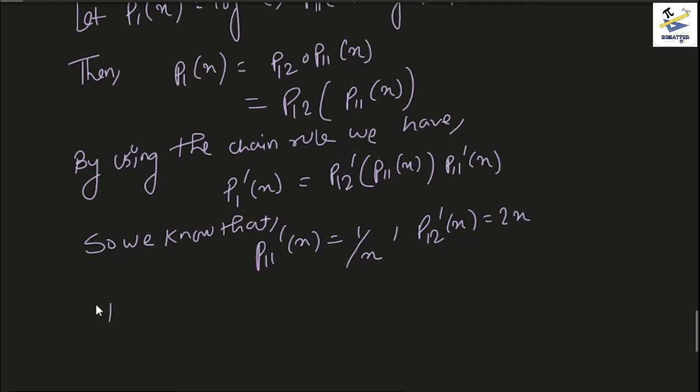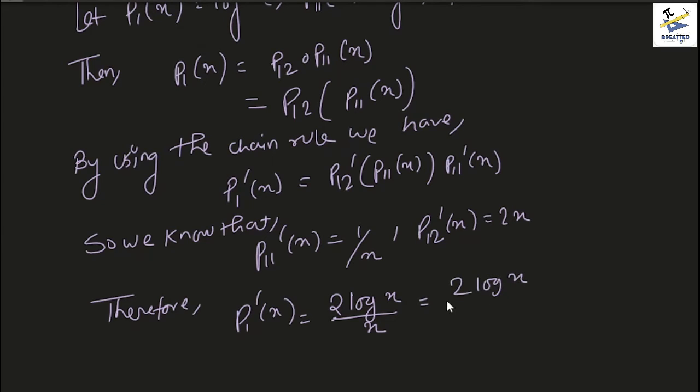So therefore p1 prime x would be equal to, it won't be 2 times 1 by x, because p11(x) is just log x, so 2 times log x, and p11 prime x is just 1 by x, so it's like 2 log x by x. So this is our p1 prime x, right?